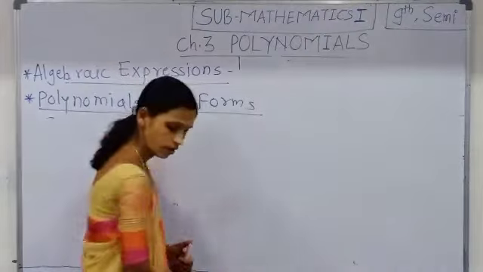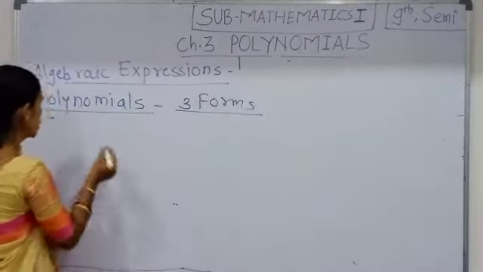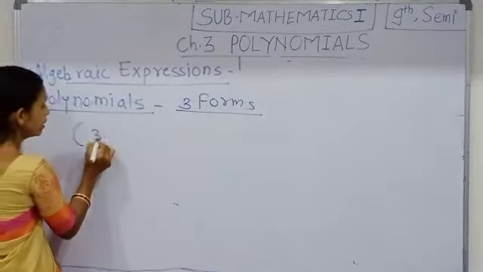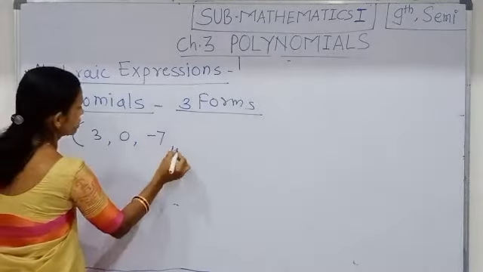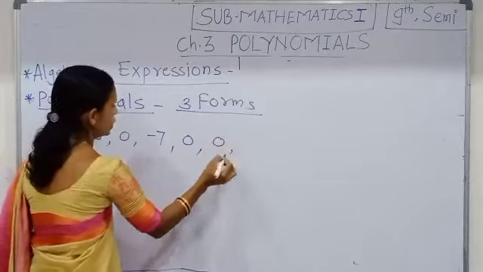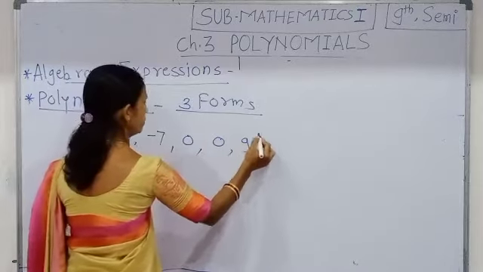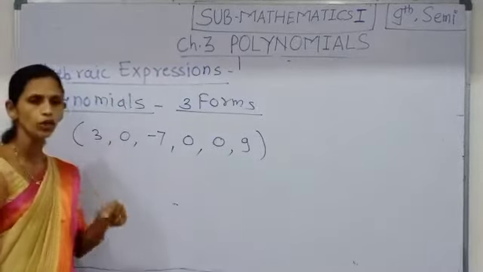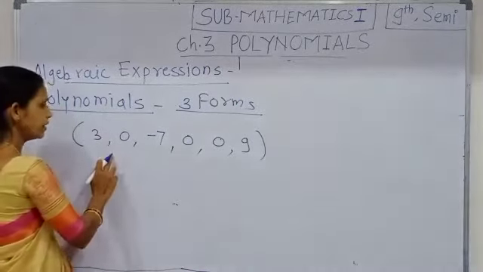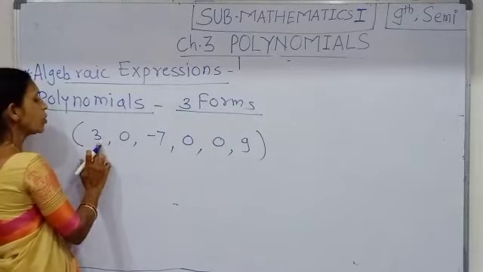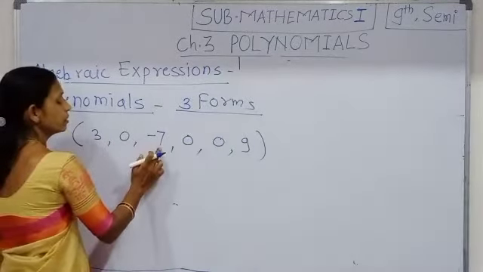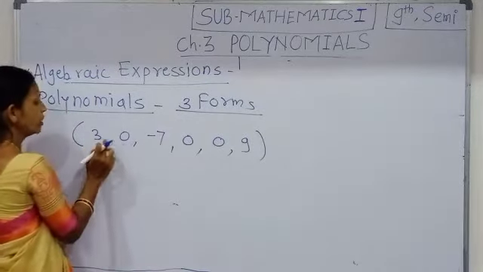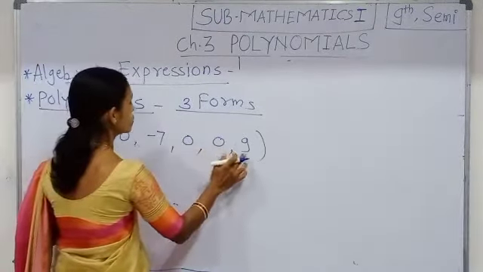The example is given here in the coefficient form: 3, 0, minus 7, 0, 0, 9. That is the coefficient form of the given polynomial. First of all, we have to count the total number of coefficients: 1, 2, 3, 4, 5, 6.